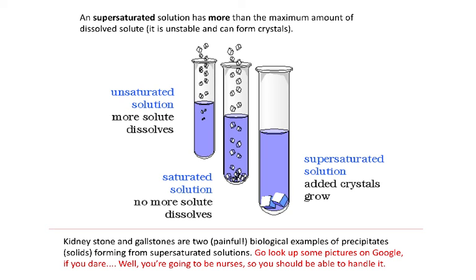And so this supersaturated solution can stay dissolved, but then it's very unstable. And if you flick the side of the beaker or add a little bit more to it, crystals will form out of solution.